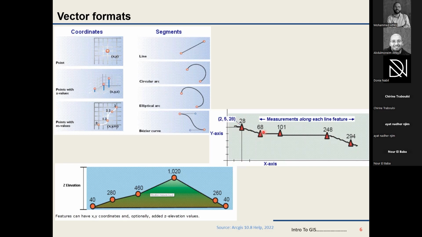Now, the next point will have its own x and y, and also the measurement from the 0 till here, which is 68. The next one will have the measurement, which is 101. So we're actually measuring along each line feature.